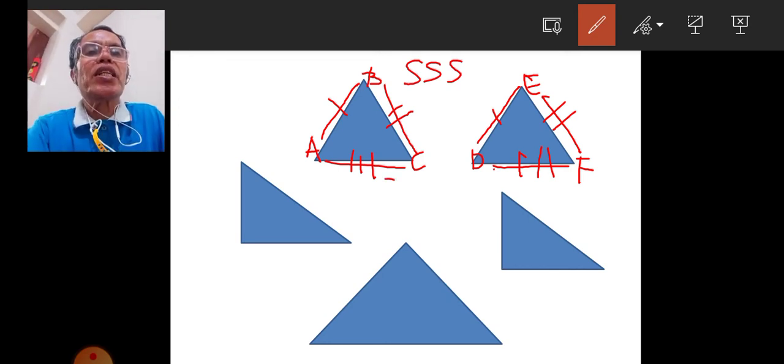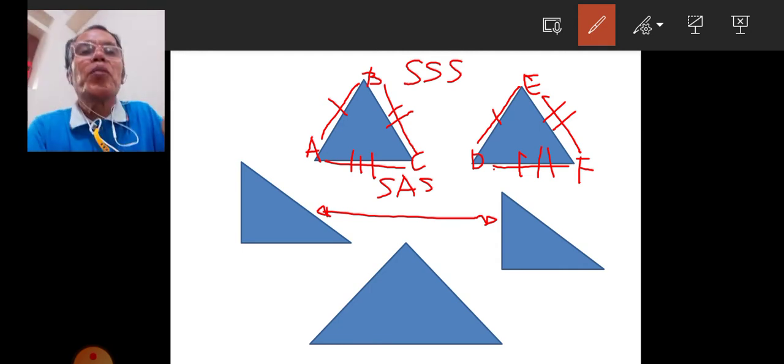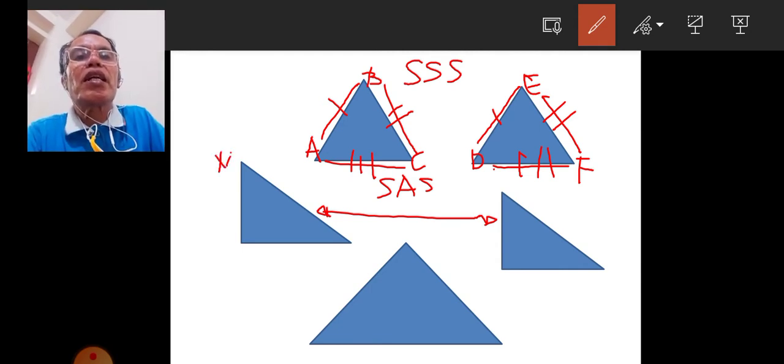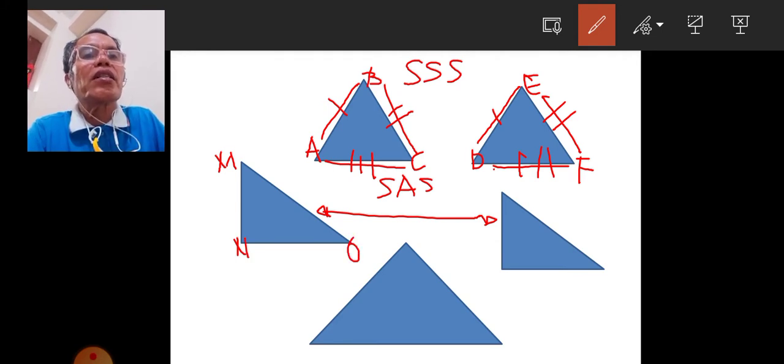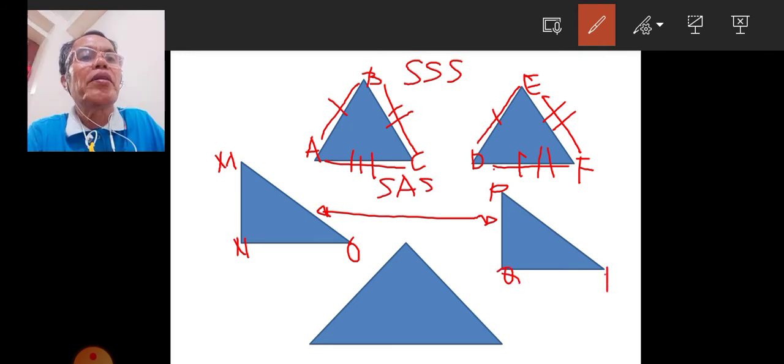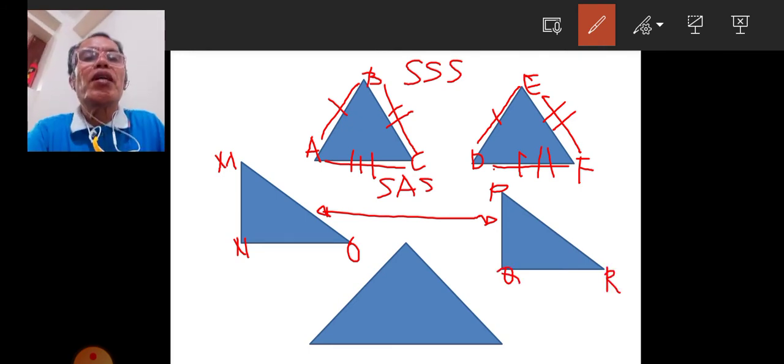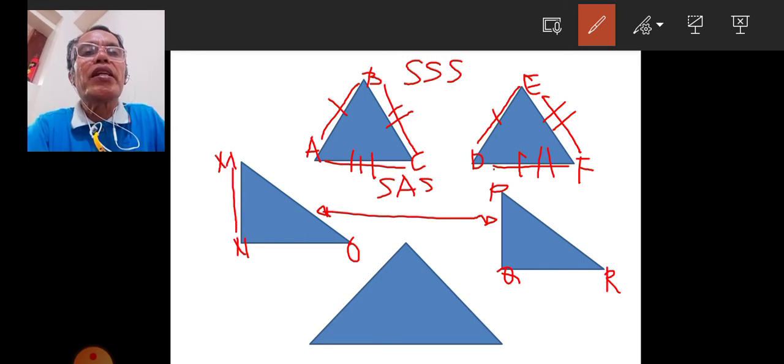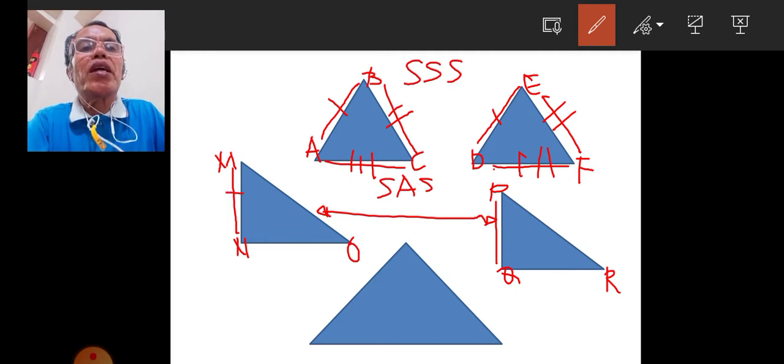Next, we have the side-angle-side. We are going to use these two triangles. If I name this one triangle MNO, and this triangle PQR: if segment MN corresponds to segment PQ, therefore segment MN is congruent to segment PQ.